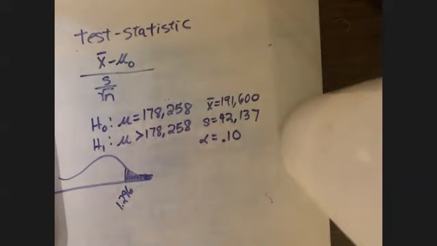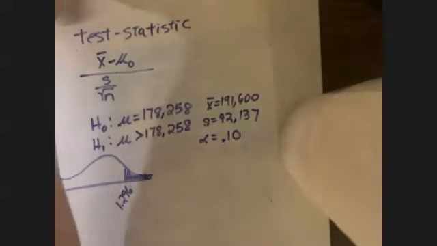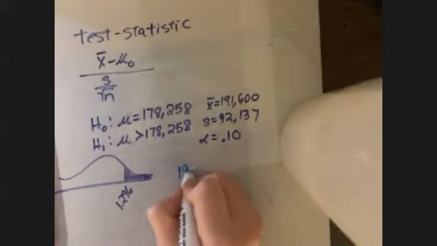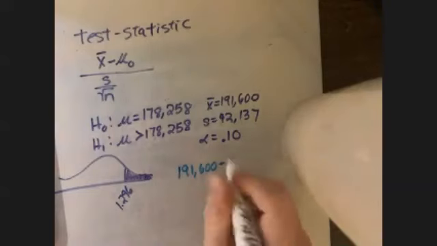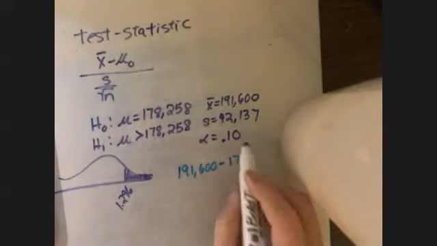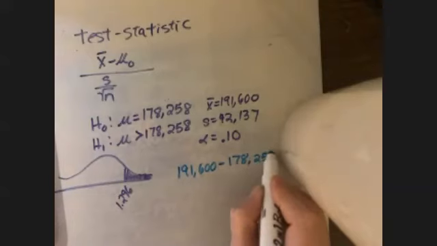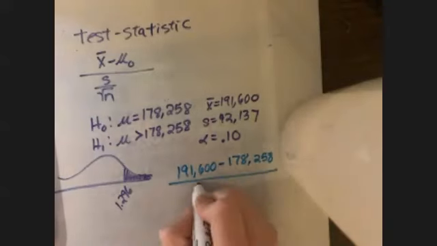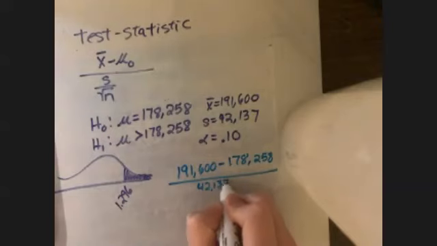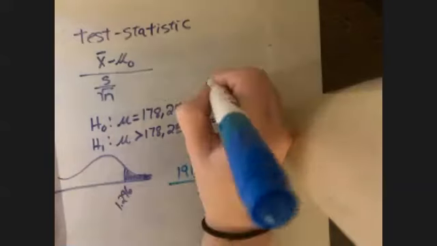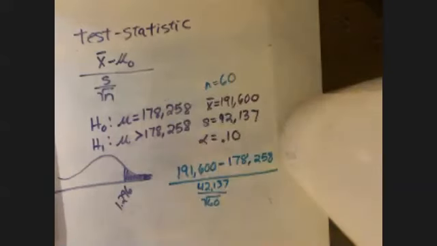Now then, we need to do our test statistic. So we're going to do this math up here, okay? And I'm going to switch colors when I go to do this, okay? So we're doing X bar, so 191,600 minus 178,258 divided by 42,137 over the square root of 60. Oh, I didn't write that down. N was 60, okay?